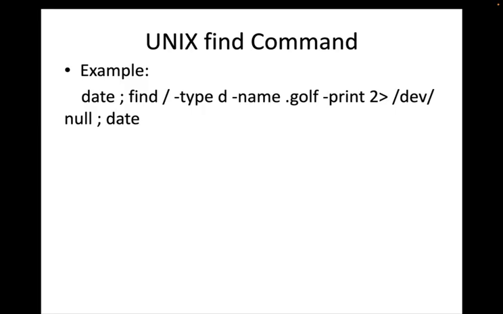So I suspect I have been attacked, and I'm looking for a directory. So that's what the -type d is. And the directory name I'm looking for is .gof. And I want to print that out.